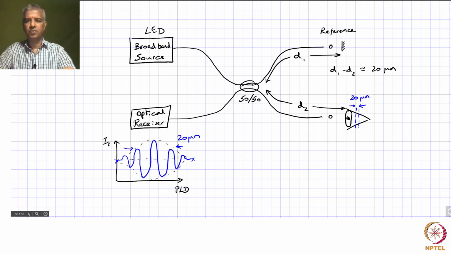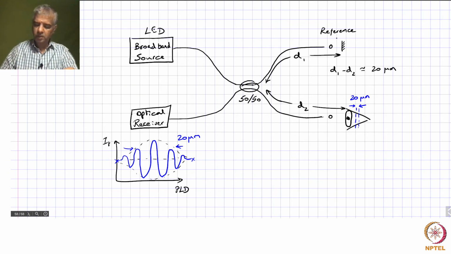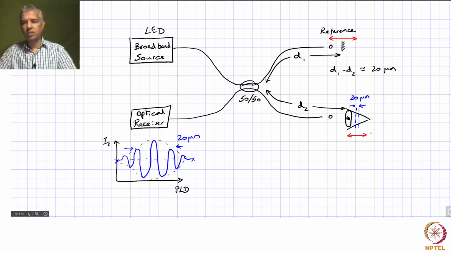So what you want to do is scan layer by layer. What you essentially have to do in this case is move your mirror, right? As you move your mirror, you are, maybe that's an exaggeration, scanning across this depth of the eye.